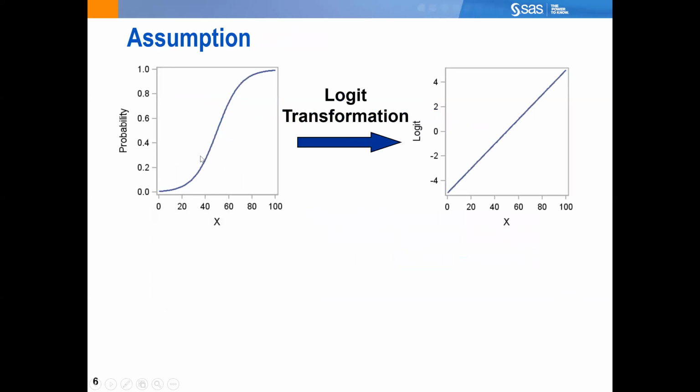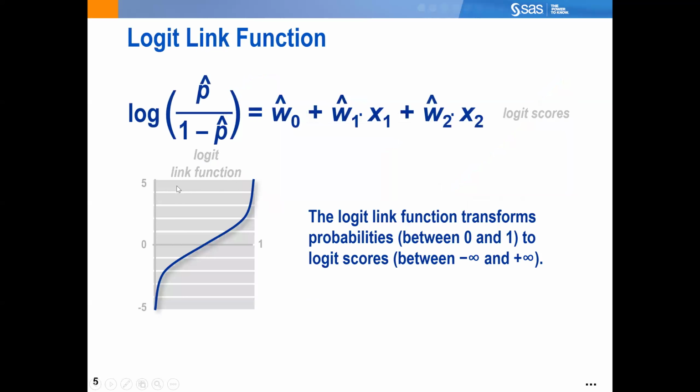Basically, there is a non-linear relationship between the independent variable and the dependent variable, where we're trying to predict the probability. It's like an S curve here, as you see.